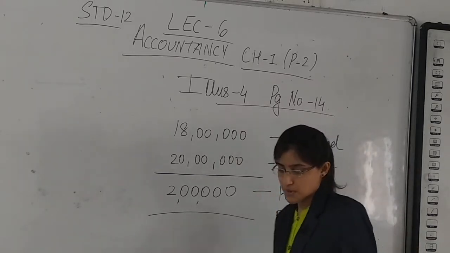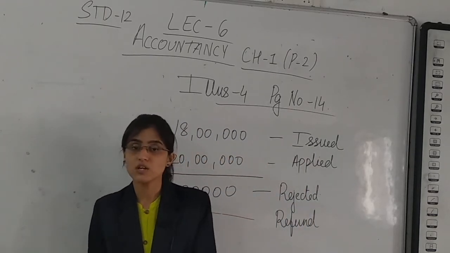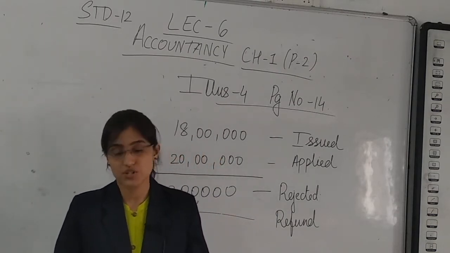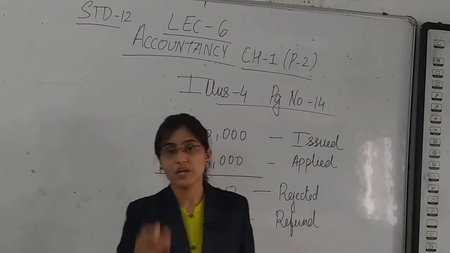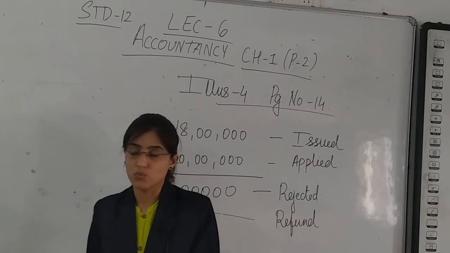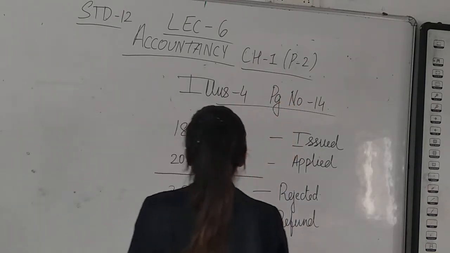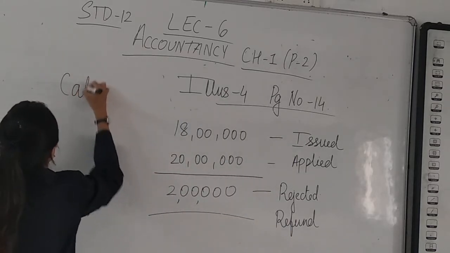So, let me explain this further. It says that Yogesh is a shareholder having 1600 shares and Neelam is a shareholder having 1400 shares. And these people failed to pay which amount? Please write down this working note. We are talking about calls in arrears.